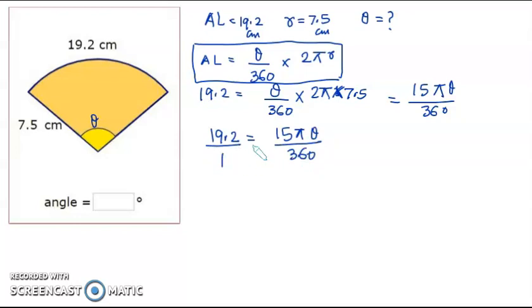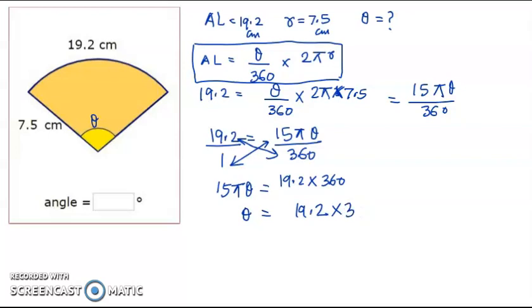You can write 1 here and then cross multiplication. 15 pi theta times 1 will give you 15 pi theta, and the other side gives you 19.2 times 360. So now theta will be 19.2 times 360 divided by 15 times pi.